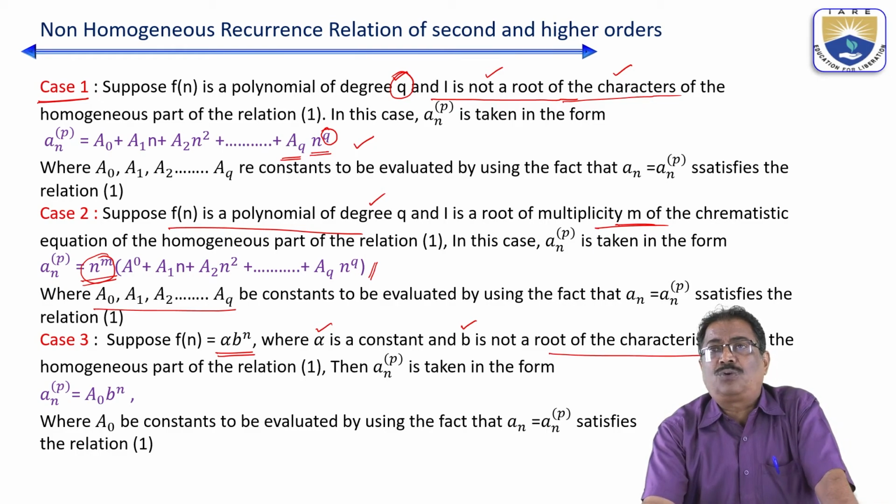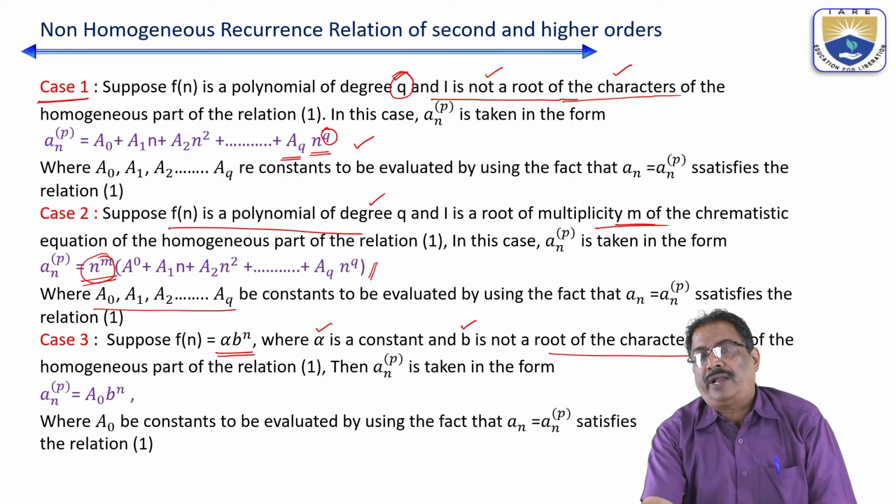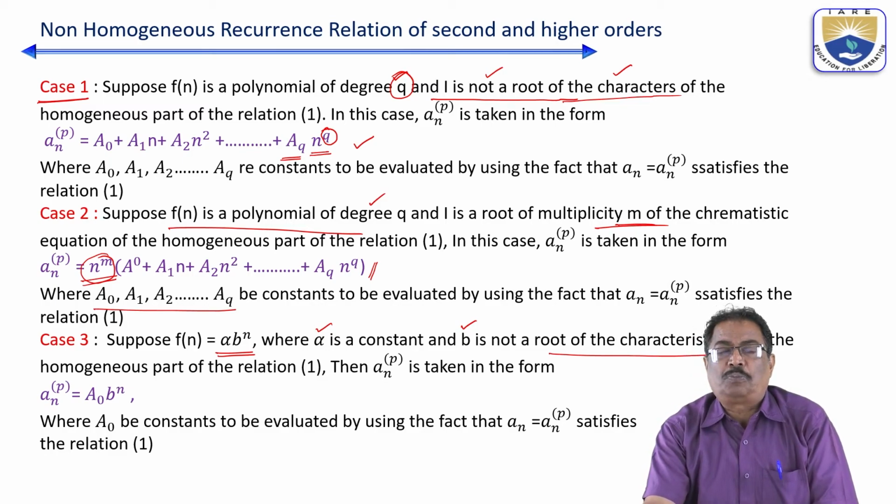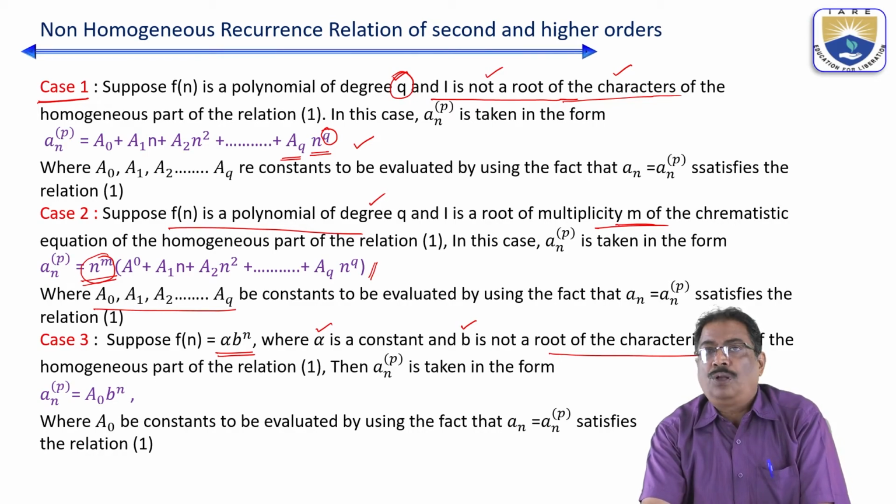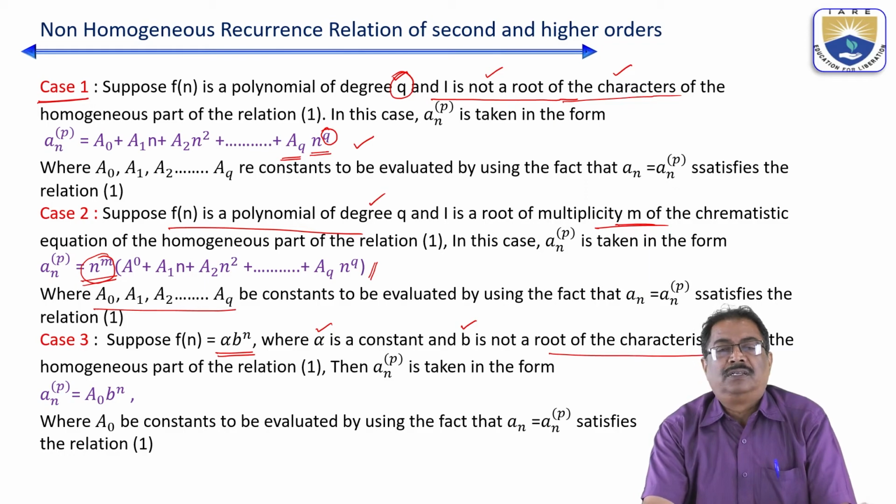Whenever you are going to find the homogeneous solution, in that we are going to find out the roots, as we discussed in the previous sessions, and how to write a n to the power of h we discussed there.